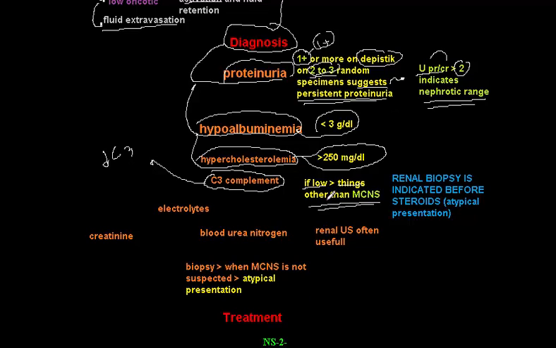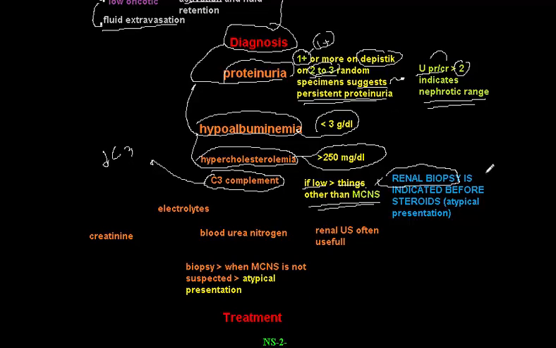And if we have signs of atypical nephrotic syndrome, like if we have a hypertension persistent more than 1 week, if we have hematuria, if we have extremes of ages, if we have complement decrease, okay, other infections like hepatitis B and C and so on, we have to do renal biopsy.